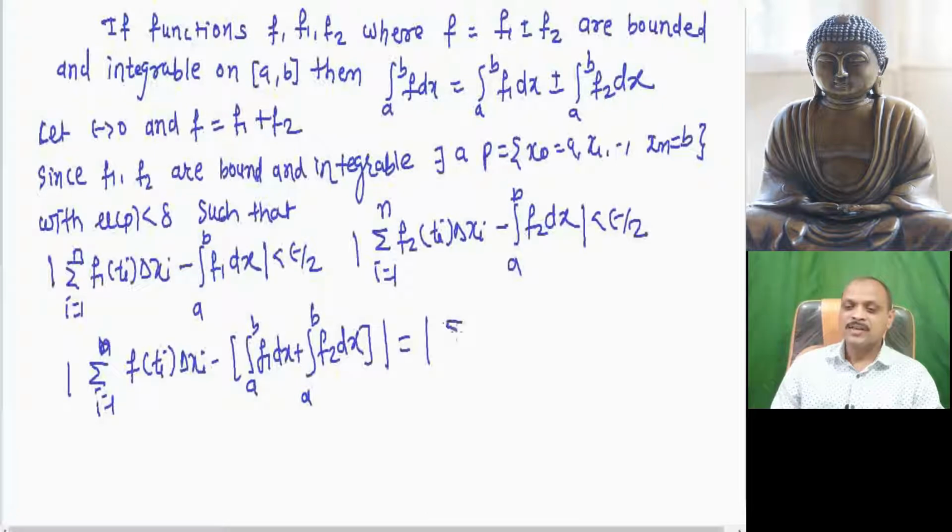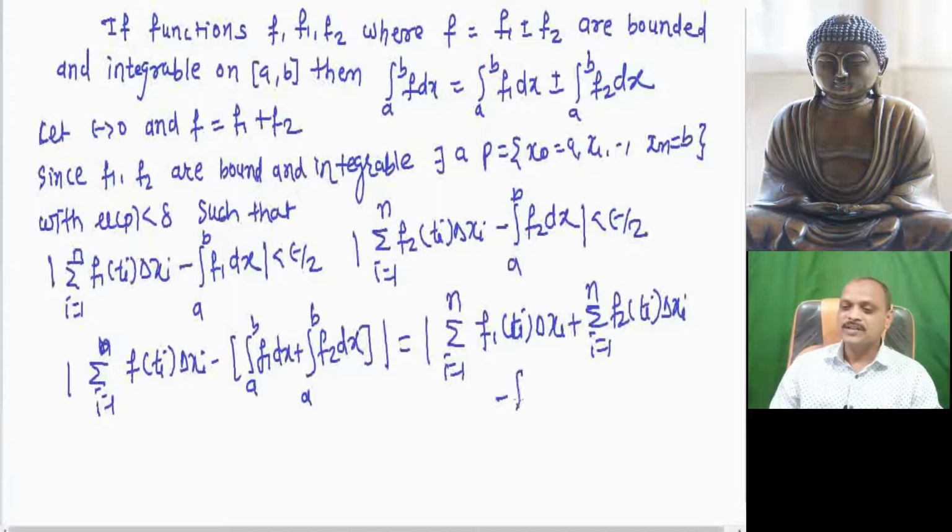Okay, this is nothing but the summation of f, where f is f1 of ti into delta xi plus the summation of f2 of ti into delta xi, i varies from 1 to n, minus the integration of f1 between the limits a to b minus the integration of f2 between the limits a to b. Now, separating using the modulus property, what we get here?